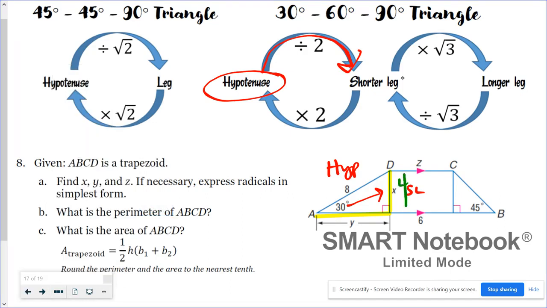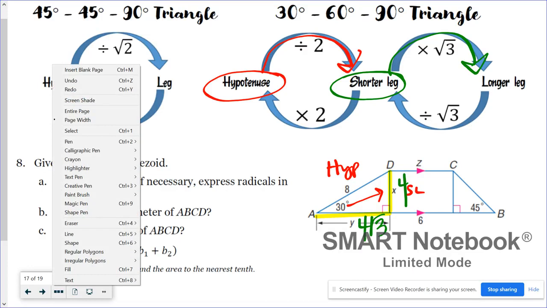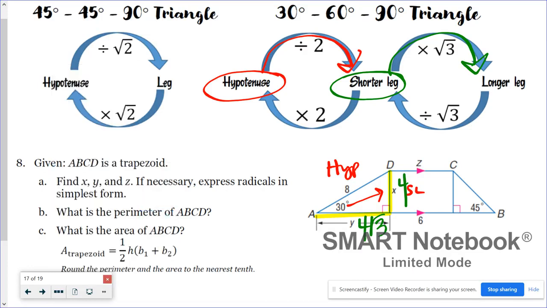Now that I know the shorter leg, I can simply multiply by the square root of 3 to get the longer leg. So 4 times the square root of 3 is the length of y. And z, I don't have to do any math to find z. Notice that z is opposite that segment there.